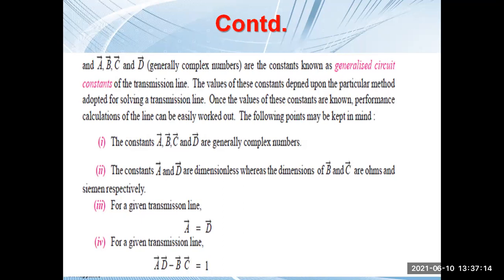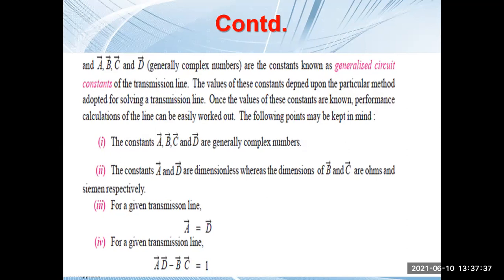Suppose you have calculated the ABCD parameters with the help of the short transmission line. Now, using the nominal pi method, you have calculated the ABCD parameters for the medium transmission line. Do you think these two will be the same?